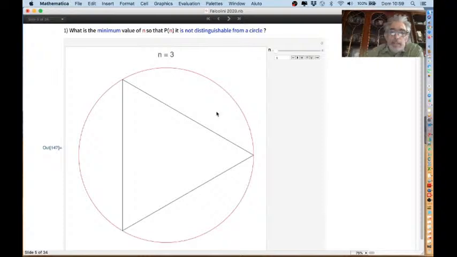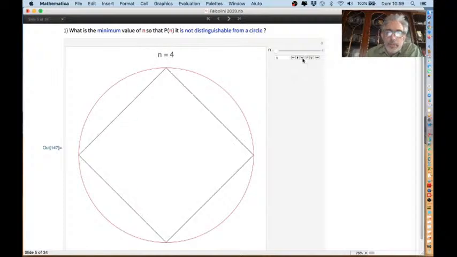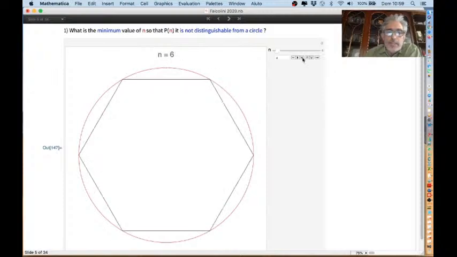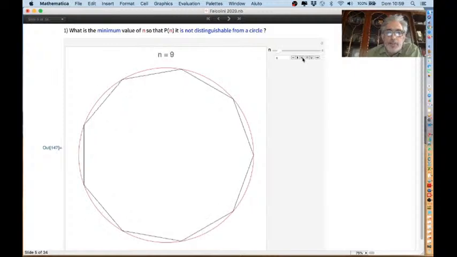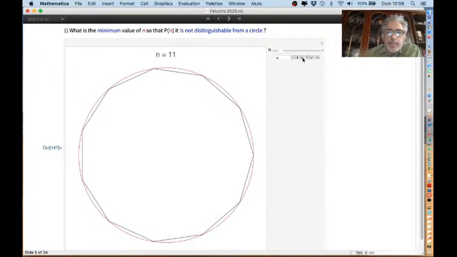So what does it mean not distinguishable? Let's try to draw a circle and a polygon with 3 sides, and then let's increase n. So we go to 4, 5, 6, and as soon as n becomes a little bit larger, we can understand the question better.